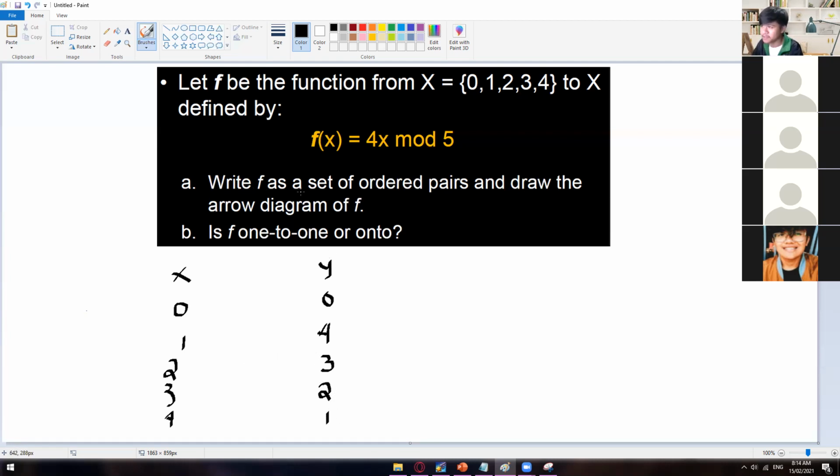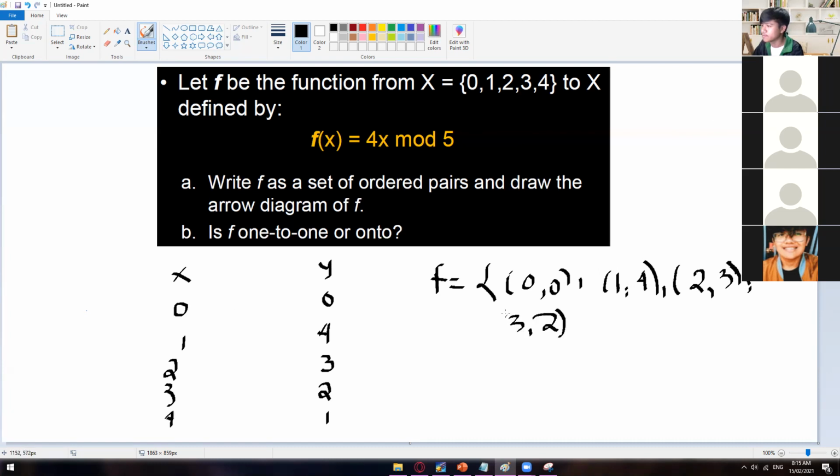So it says here, write f as a set of ordered pairs and draw the arrow diagram of the following. If you're going to put this in a set, we have here (0, 0), (1, 4), (2, 3), (3, 2), and lastly (4, 1).